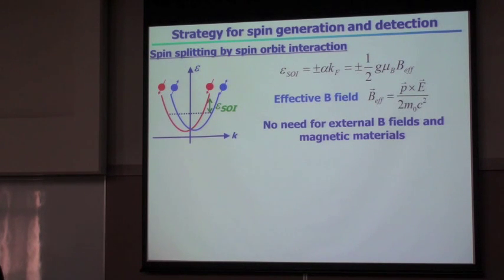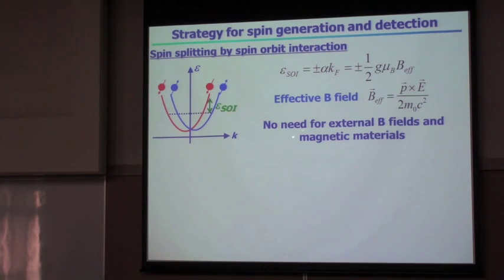So this is happy for us because we can generate the effective magnetic field without an external magnetic field and also without magnetic materials. However, for the spin separation, this is not enough because we need a field gradient, not the field itself. So for the spin separation by using the effective magnetic field, we need an effective magnetic field gradient.